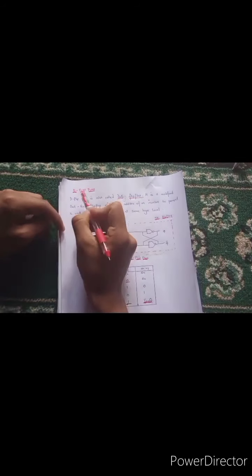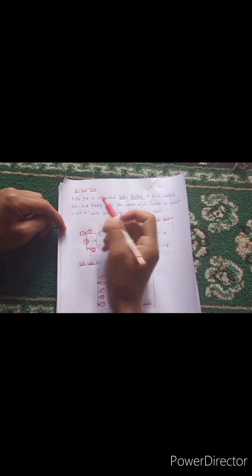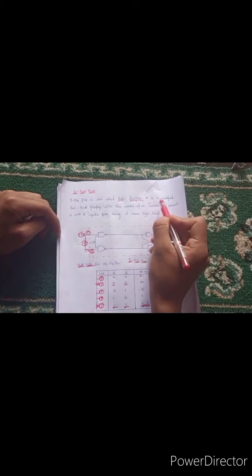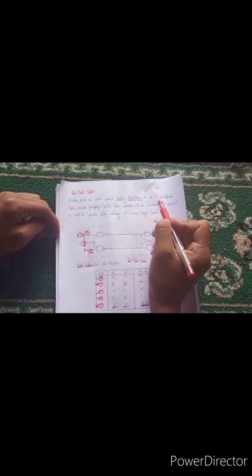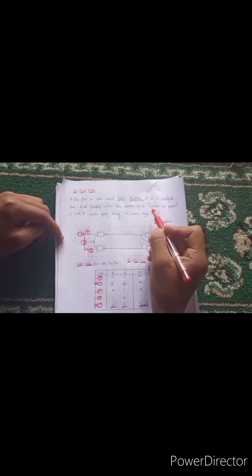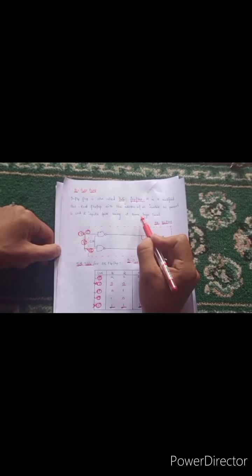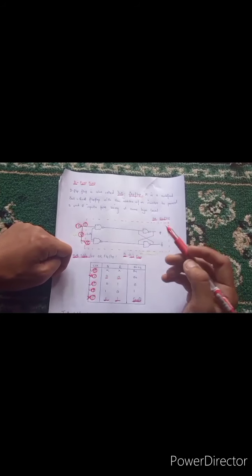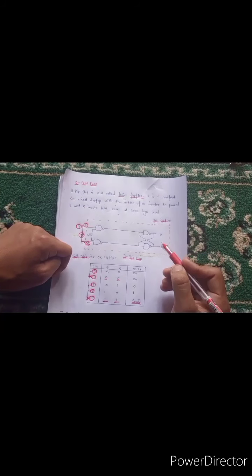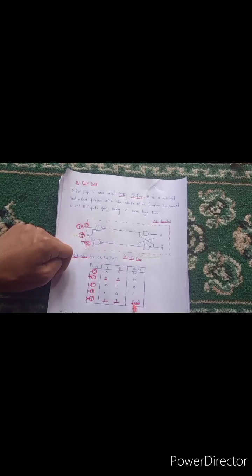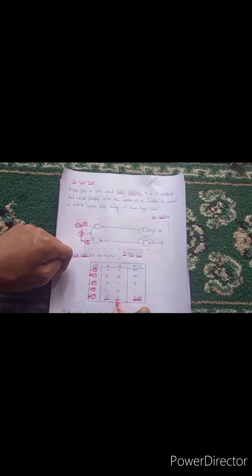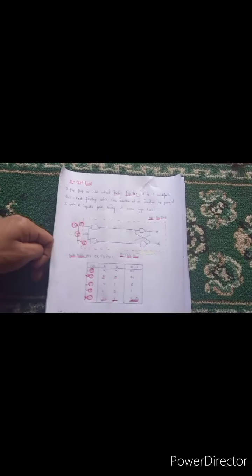Now we are going to learn about D flip-flop. D flip-flop is also called data flip-flop. It is a modified set-reset flip-flop with the addition of an inverter to prevent S and R inputs from being at the same logic level. This means D flip-flop is used to prevent or eliminate the invalid state of SR flip-flop.